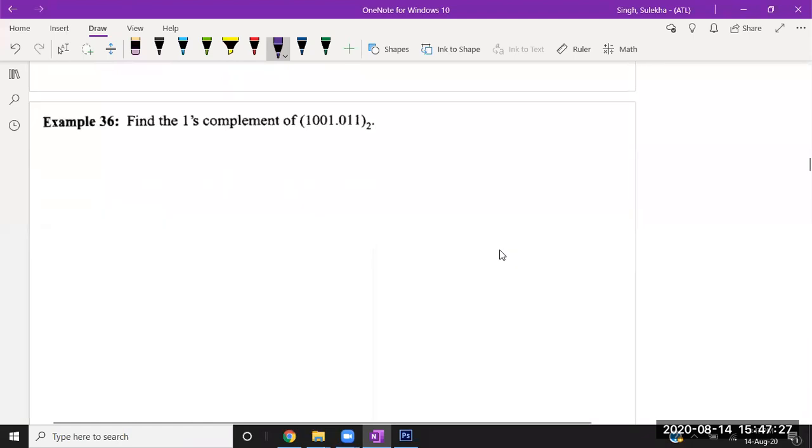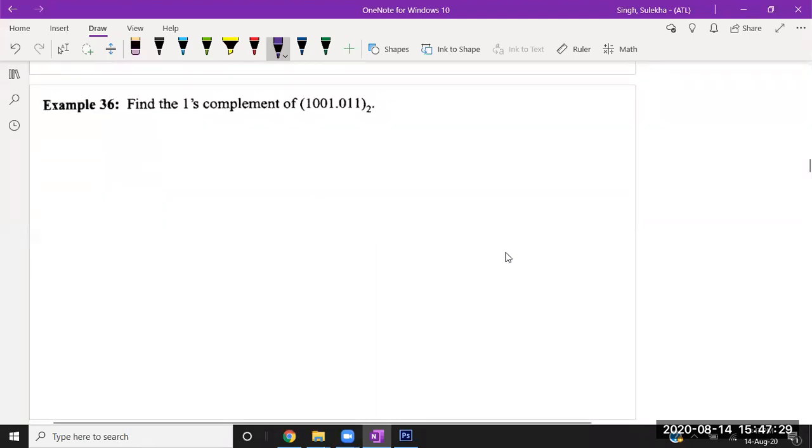If it is clear, find the one's complement of this one. The concept behind solving this question is that there is no need to worry about the decimal value.